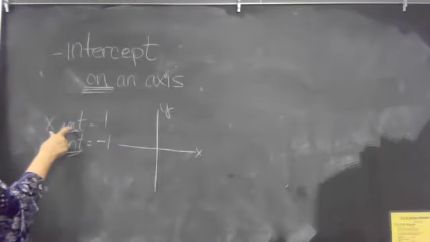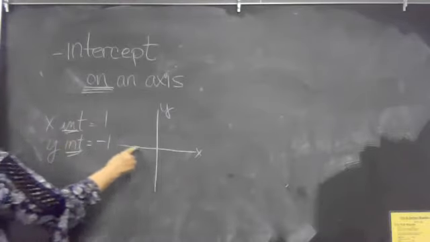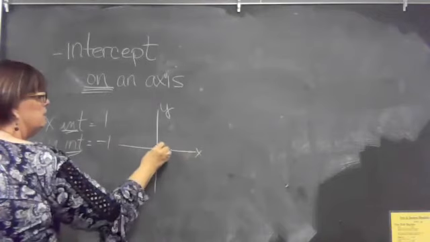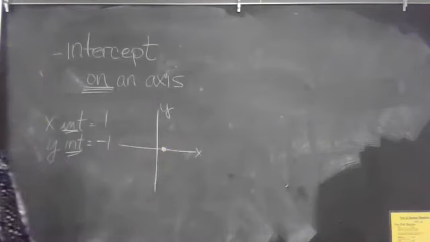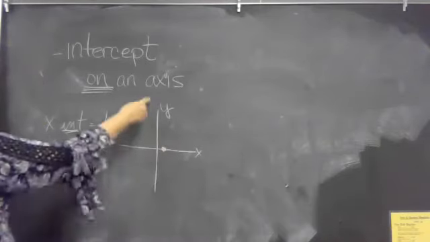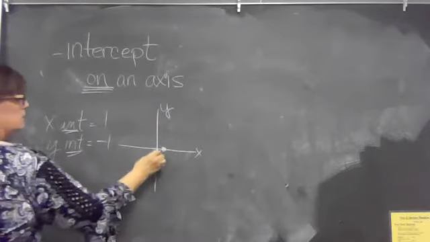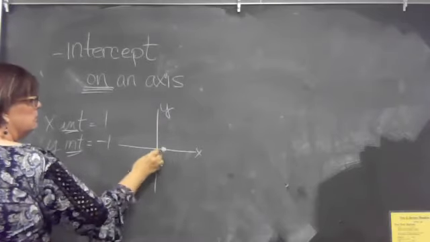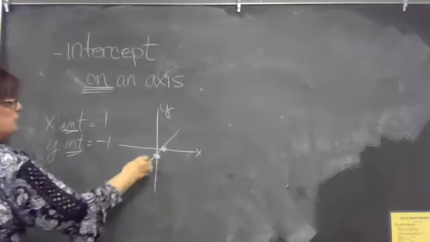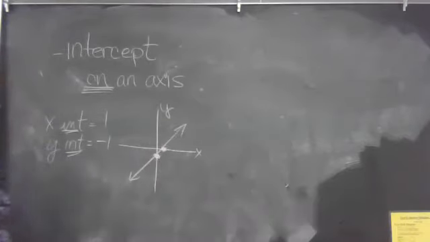So the x-intercept is going to be at 1. That means on this here, I'm going to find 1. That's the x-intercept. The y-intercept will be on the y-axis at -1. You have 2 points, and 2 points will indicate and define a line. That's what you do on this page. Intercepts are on the axis, always. Questions on that page?